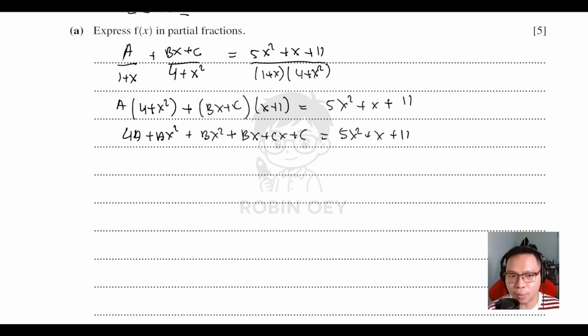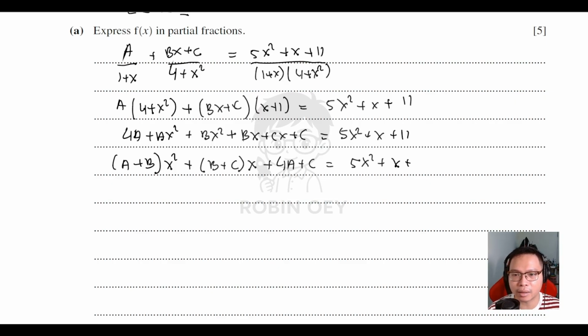Now we group together the terms with x squared, which is (A plus B) x squared, and then the terms with x, so we have B and C, and the term independent of x is 4A plus C. So that equals 5x squared plus x plus 11.